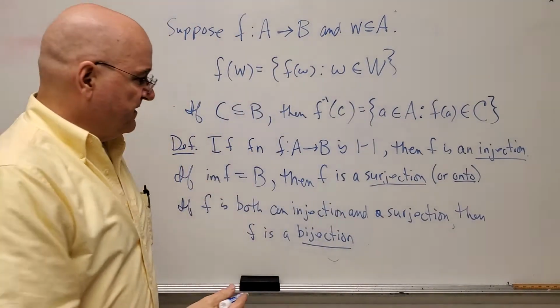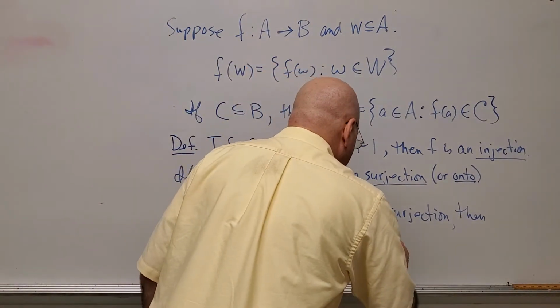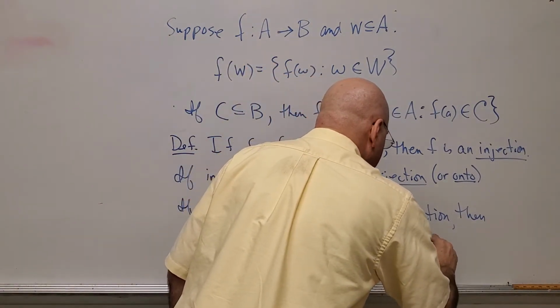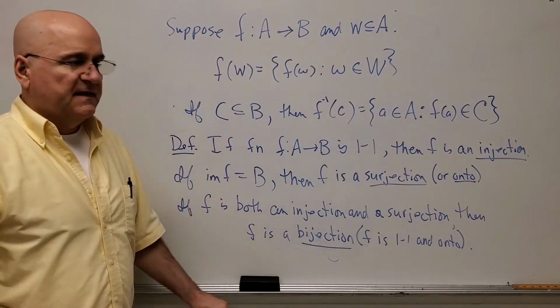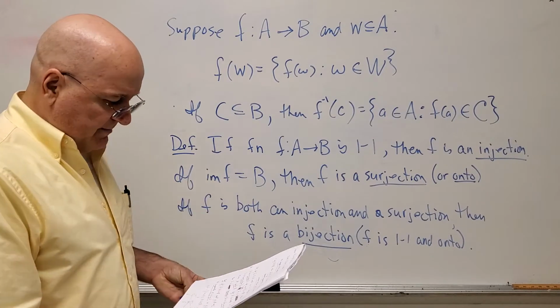Frequently we'll say that f is one-to-one and onto. That's synonymous with f being a bijection.